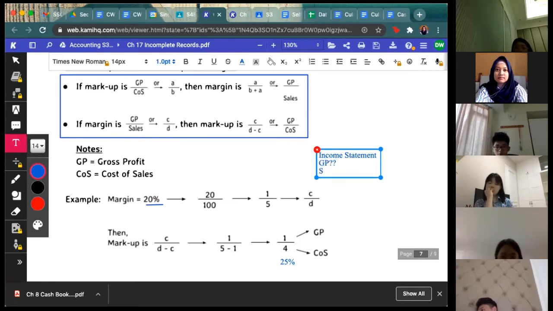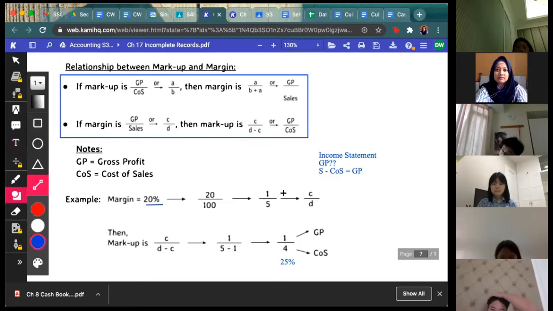You will minus sales with cost of sales. You must remember income statement as of now. So sales minus cost of sales equals gross profit. Now let's replace S, COS, and GP with all the numbers that we have here.